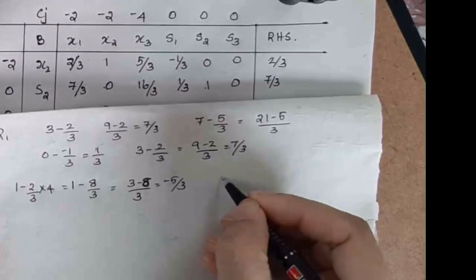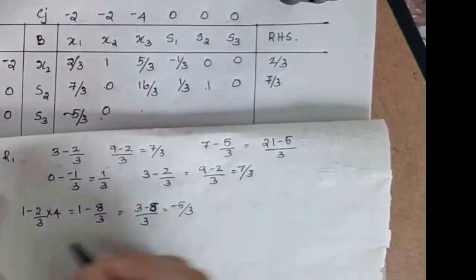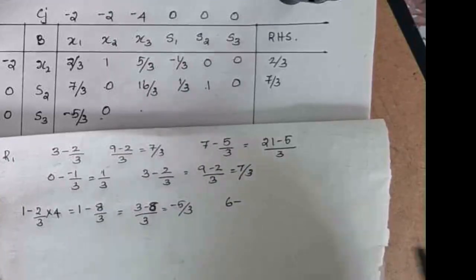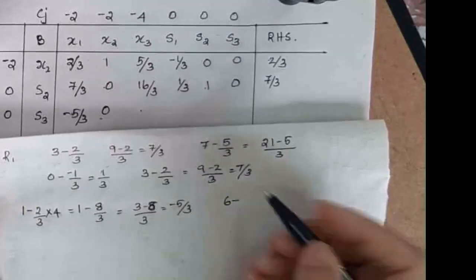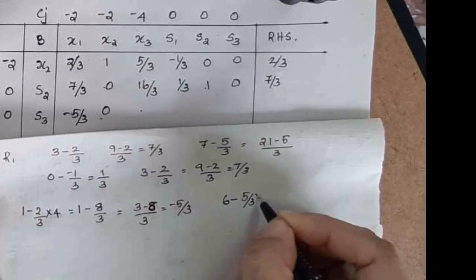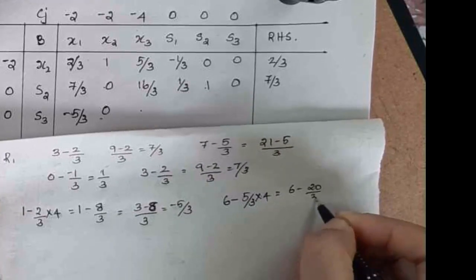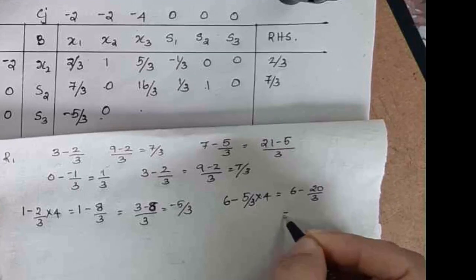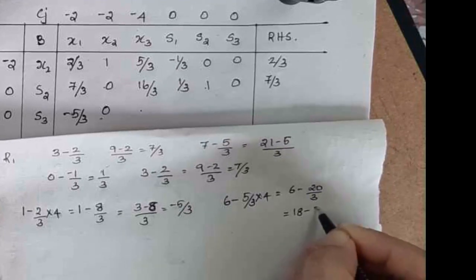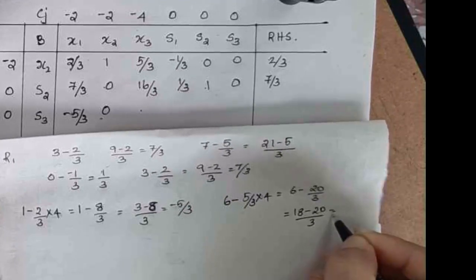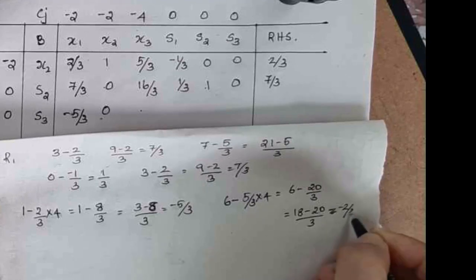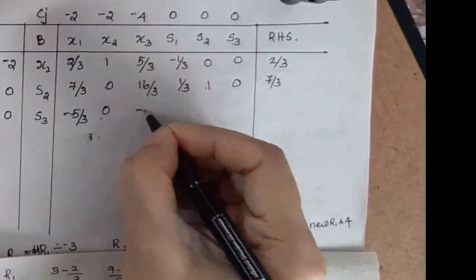So it will be 6 minus 5 by 3 into 4, which is equal to 6 minus 20 by 3, which is equal to 18 minus 20 by 3, which is equal to minus 2 by 3. So this is minus 2 by 3.